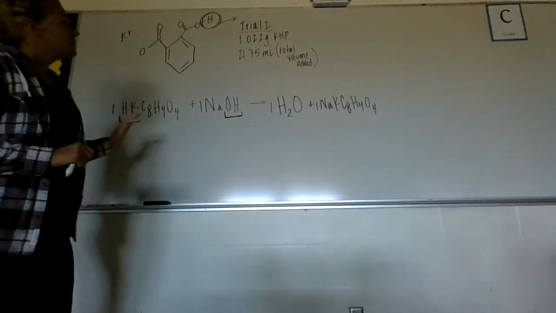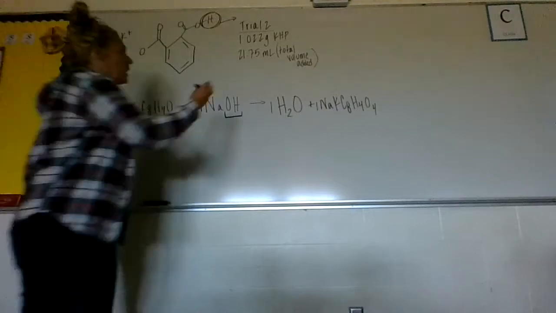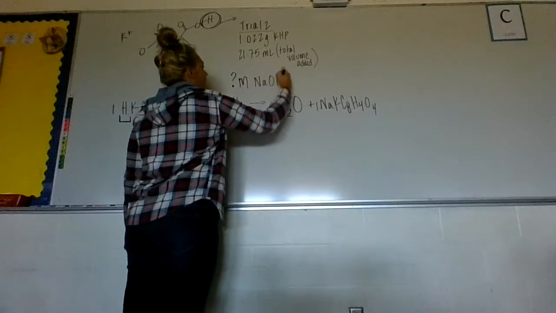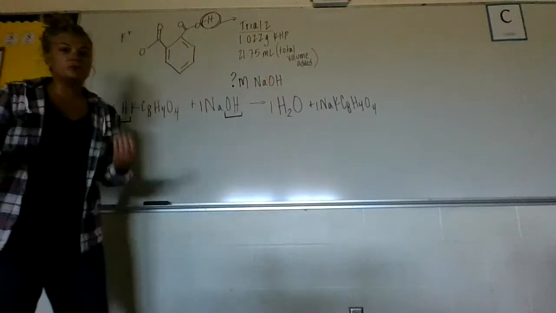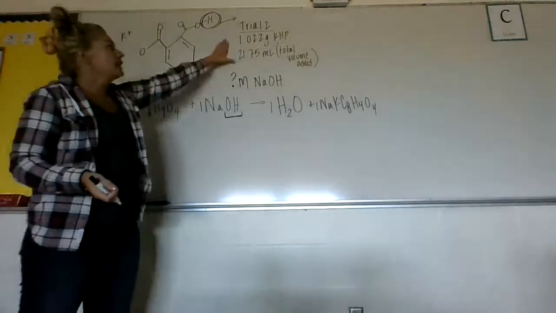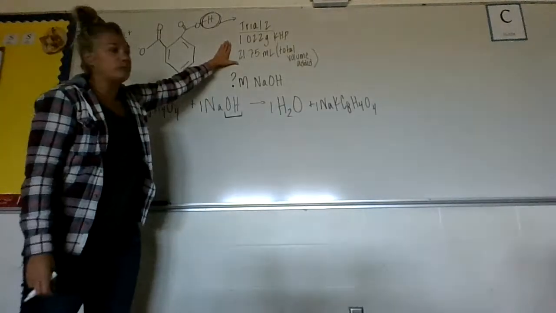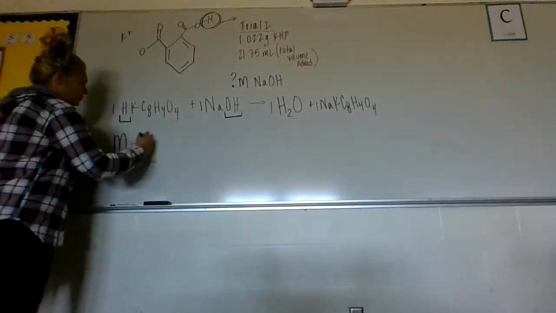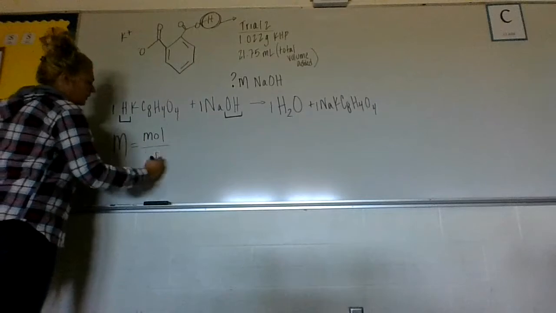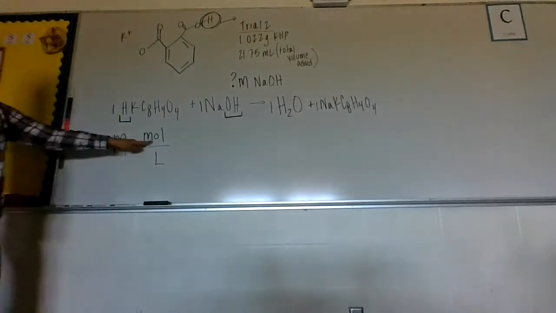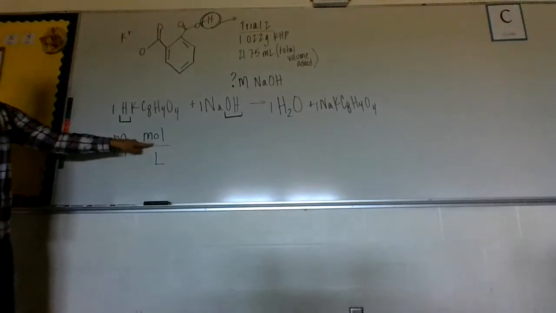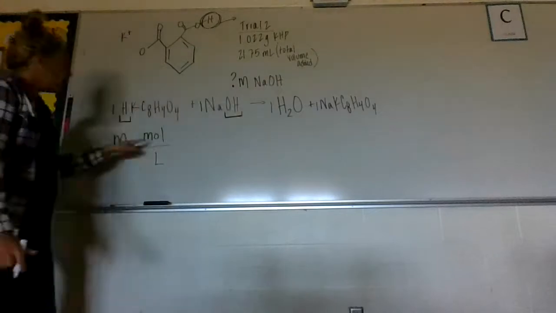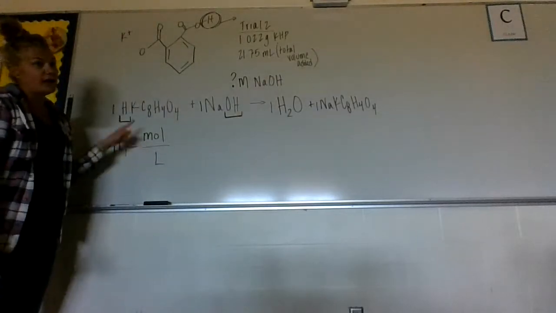So the question is, what is the actual molarity of sodium hydroxide? That's what I'm trying to figure out. Can I figure it out from this information? Let's think through it. We know that molarity is equal to moles over liters. If I'm solving for molarity of sodium hydroxide, I need to know moles of sodium hydroxide.